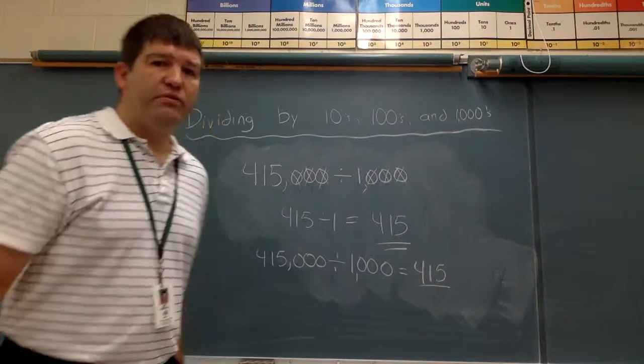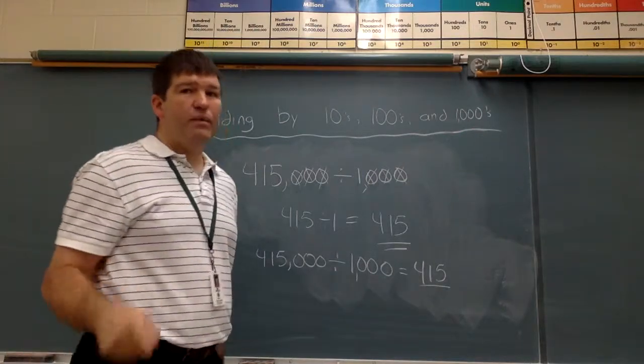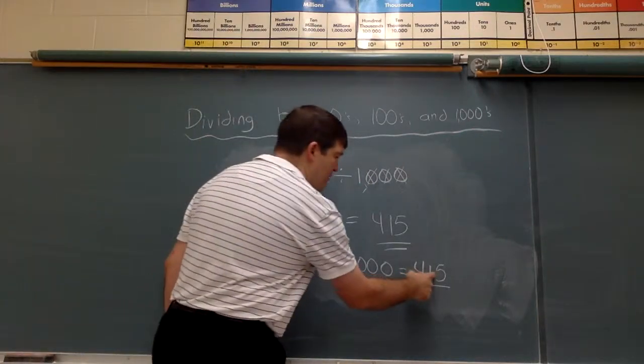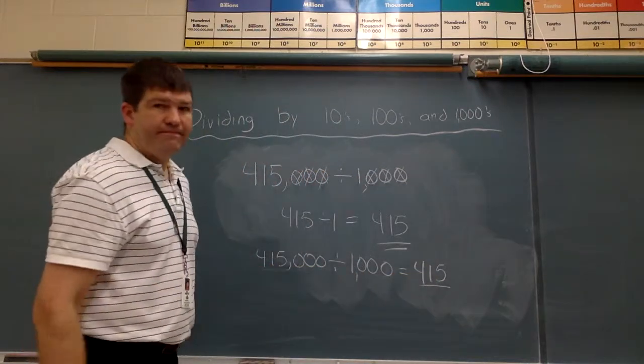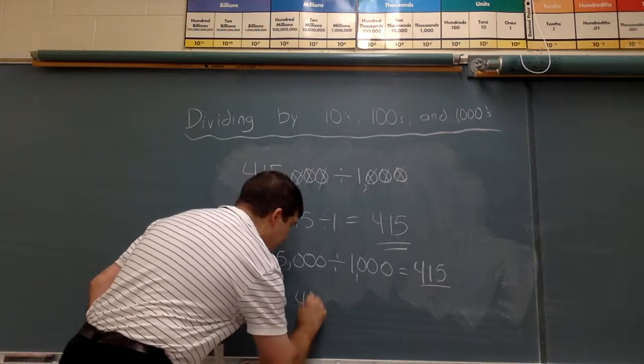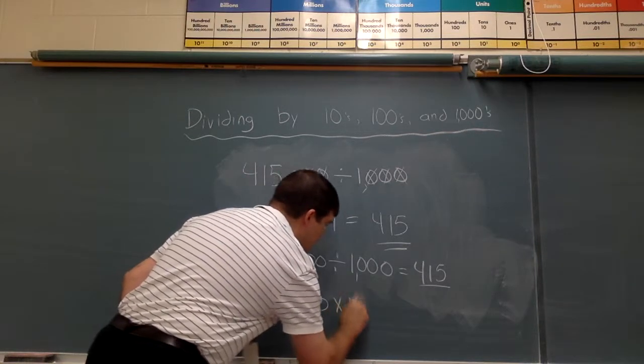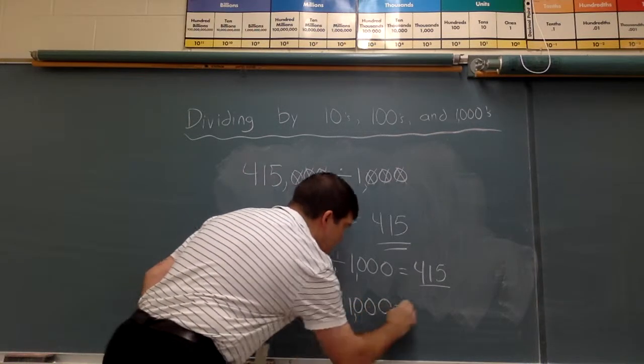And if this is a true statement, the only way I can test it is to say 415 times 1,000 needs to equal this. Okay, so let's try it. 415 times 1,000 equals.